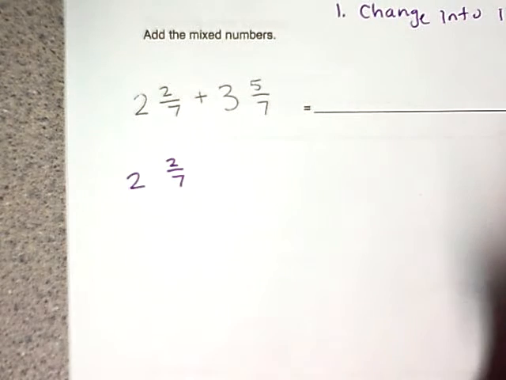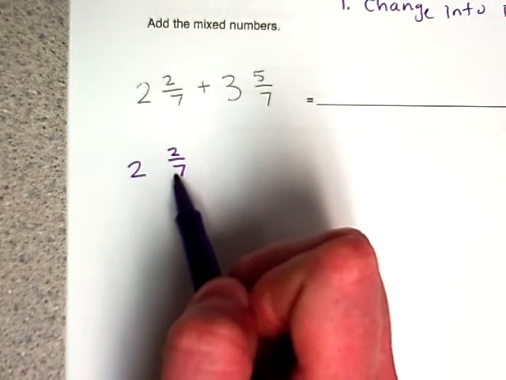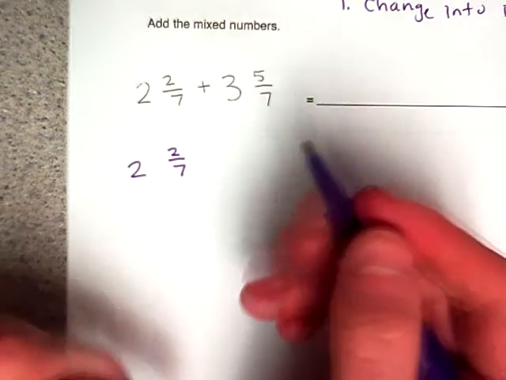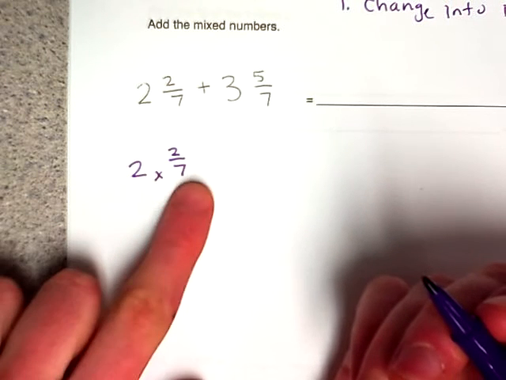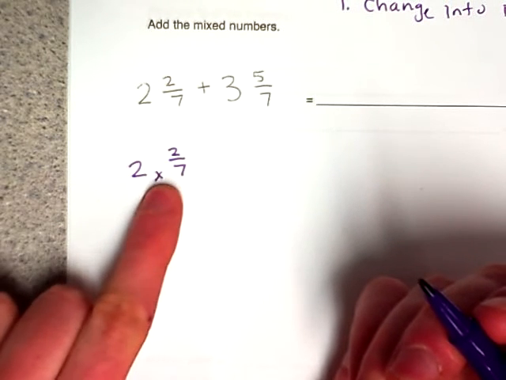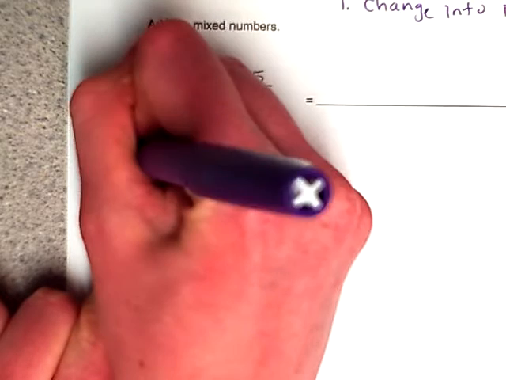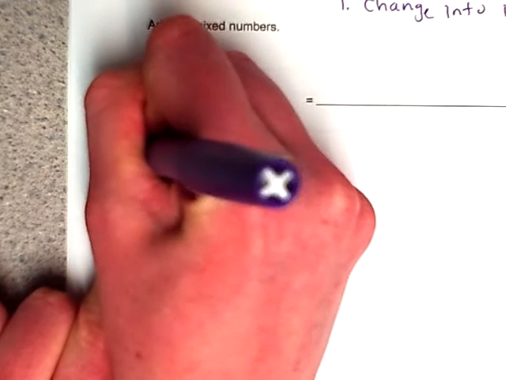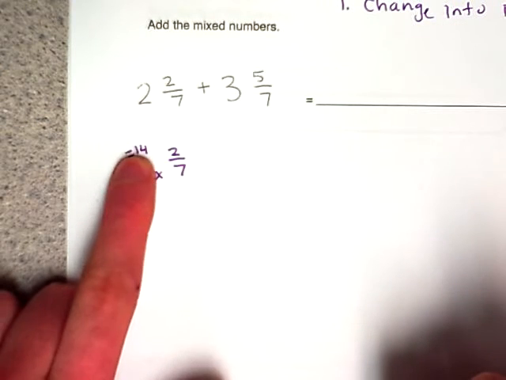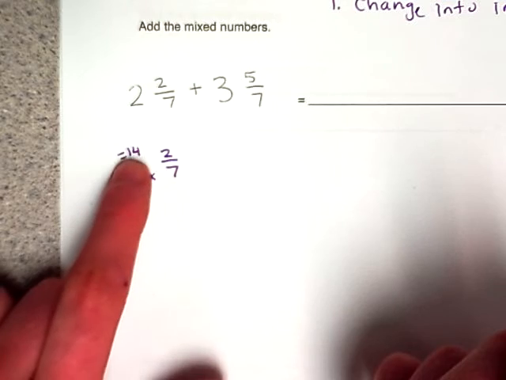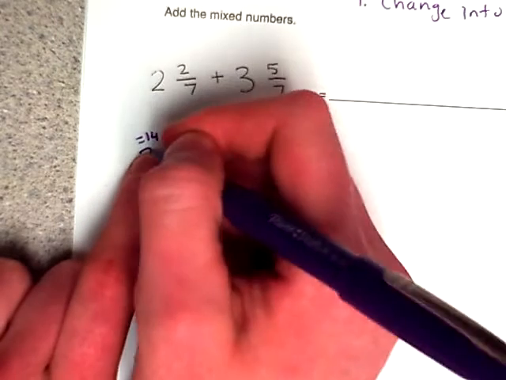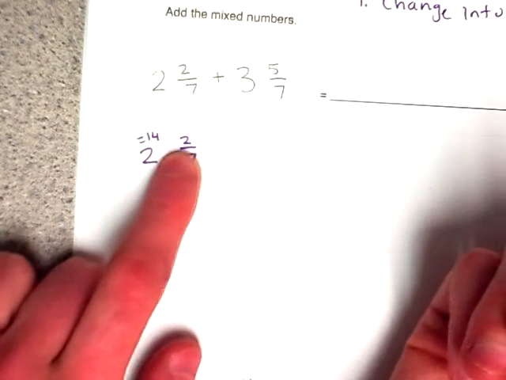And then my first step is actually to multiply 7 times 2. So I'm going to draw a little multiplication sign, and I do 7 times 2, which will equal 14. So I write that right above. And then I have to take that answer 14 and add it to my numerator.